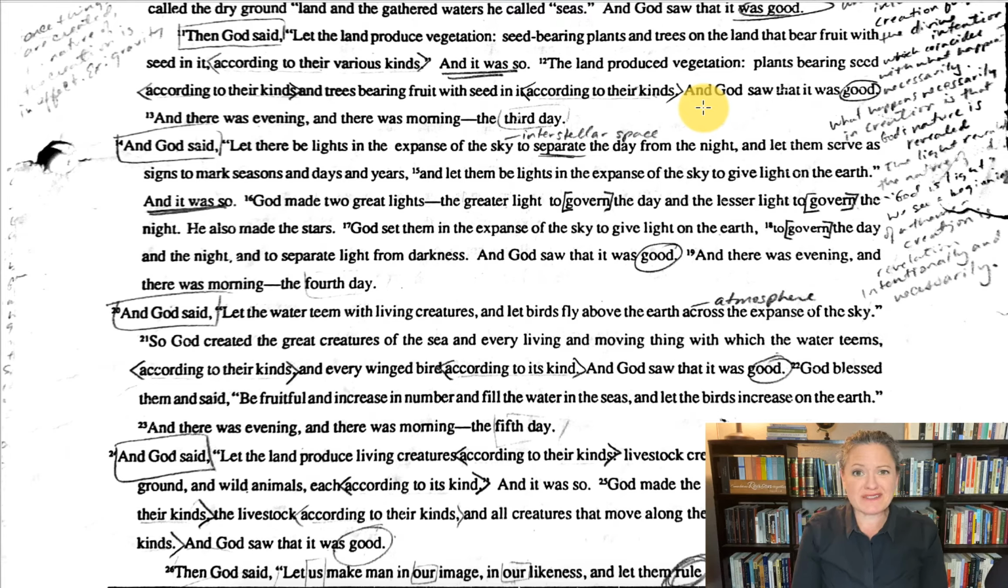I would say that's not a contextual reading of this. It's anachronistic. It's reading from our present day back into the scriptures. Things are according to their kinds. In evolution, they're not according to their kinds. The third day is when vegetation is made. You need a lot of time for the evolution of species.